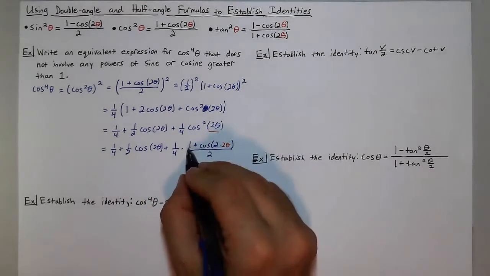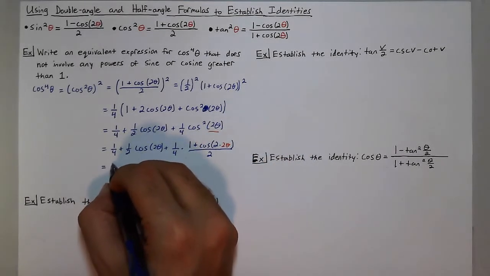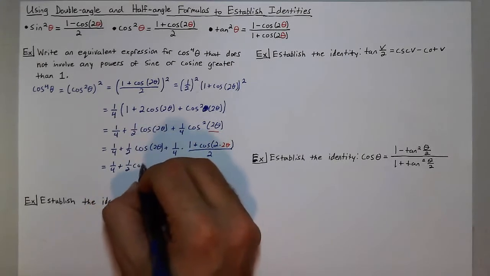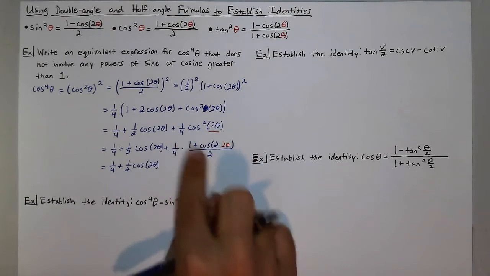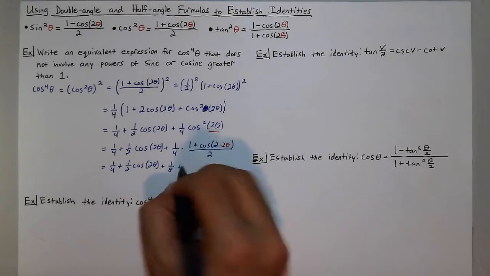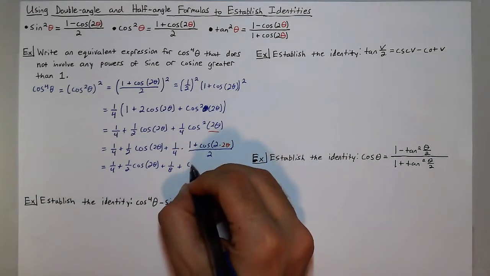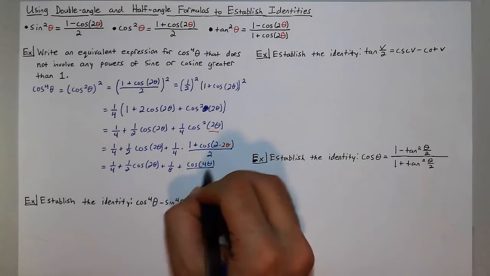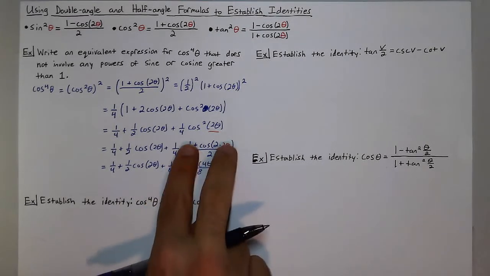So now if I were to put 1 over 2 by itself, I get 1/4 plus 1/2 of cosine of 2 theta. Here I'll have 1/4 times 1/2, which gives me 1/8, plus 1/4 times cosine of 4 theta over 2, which gives me cosine of 4 theta over 8. So this little split of 2 terms just came from that one fraction.